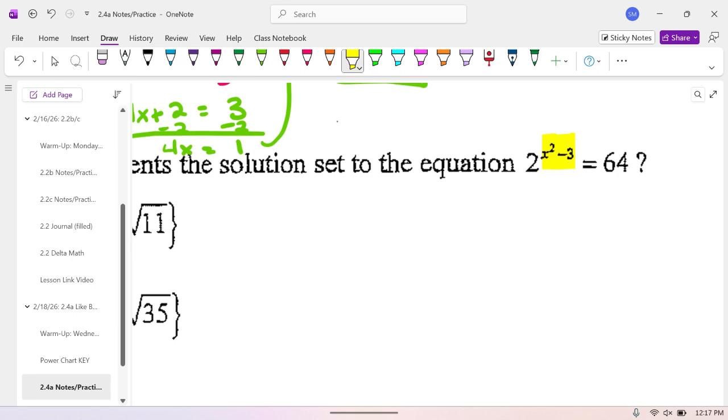Now, between 2 and 64, what do you think the like base is going to be? 2. So since we already got a base of 2, I'm just going to bring it down as it is. The only one I got to change is the 64. So 2 raised to what power is 64? To the 6.